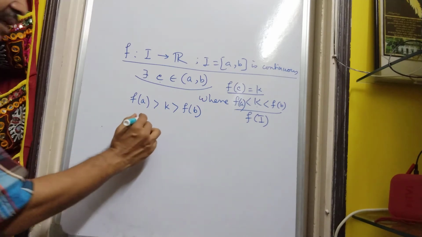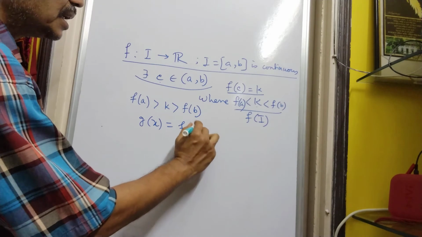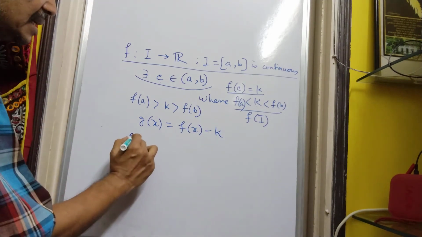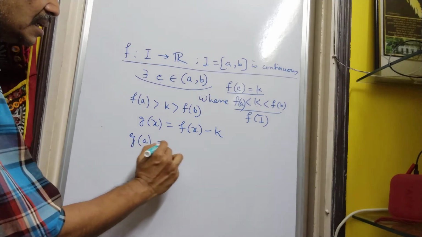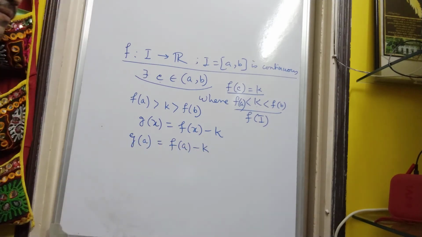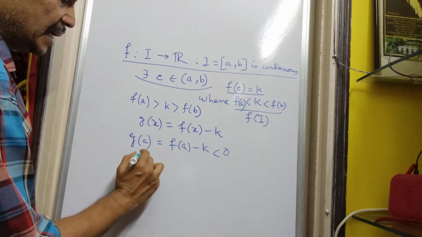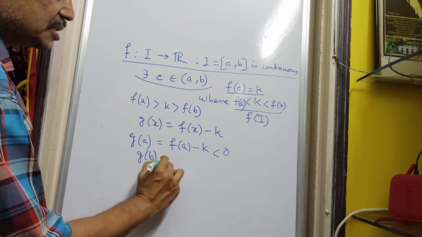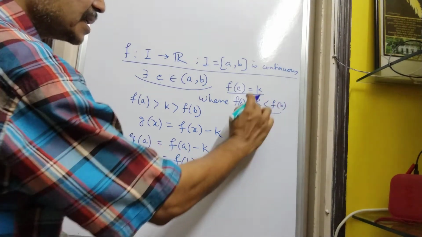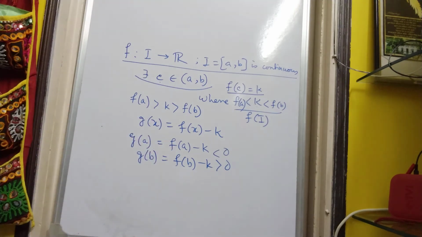And then we construct g(x) equal to f(x) minus k. And we can obviously see that, since f(a) is less than k, g(a) will be negative, and g(b) will be positive since f(b) is greater than k, and if we assume the other case, it will be vice versa.